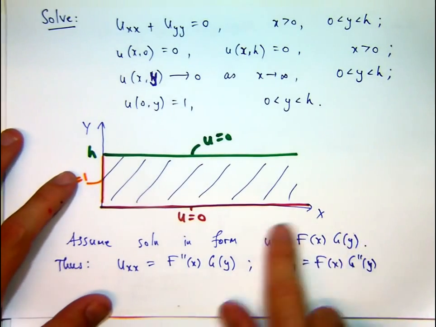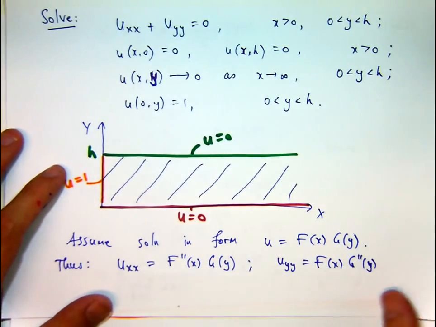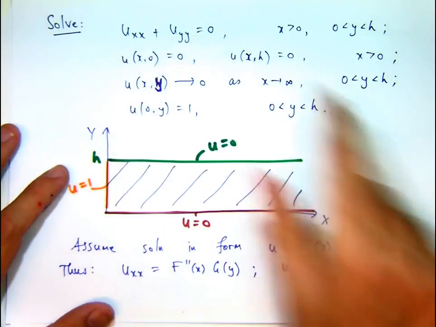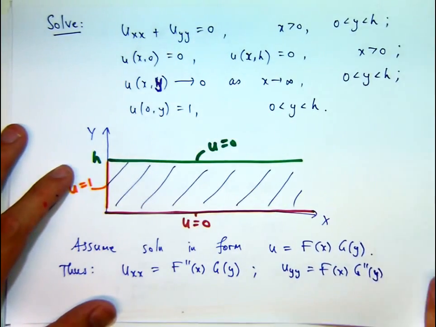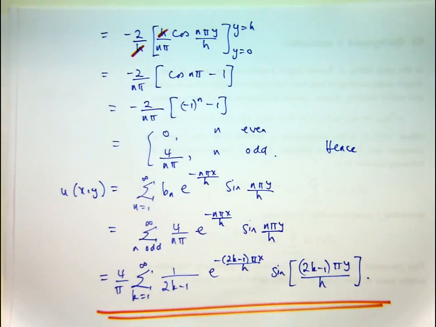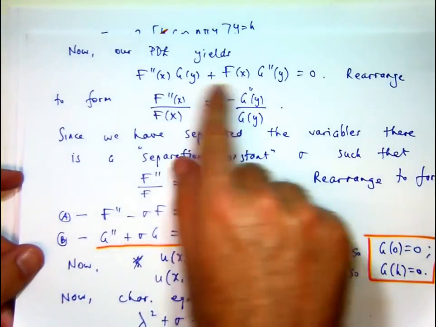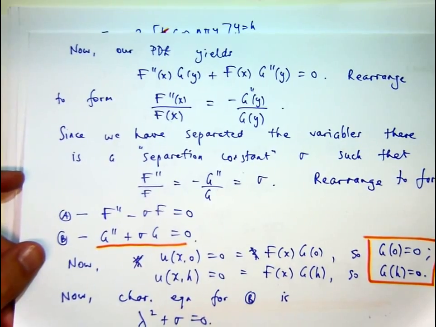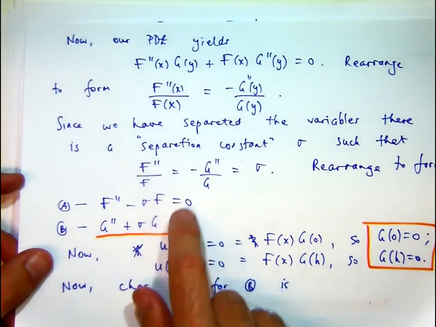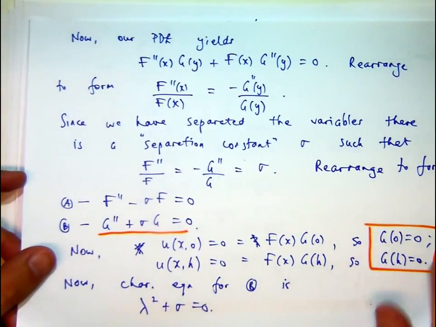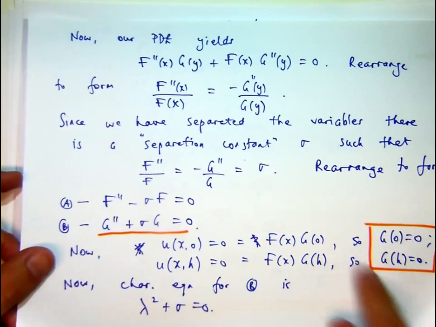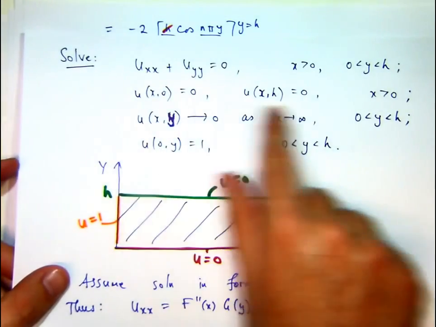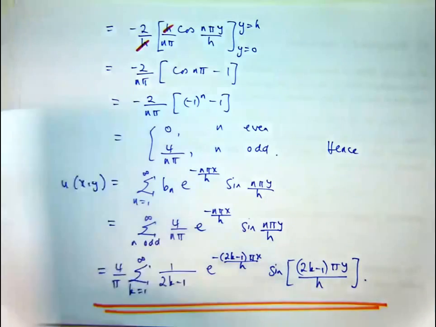We've assumed a solution's in this form. We calculated the derivatives that appear in the PDE. From that, we formed two ODEs via a separation constant. Then we discussed one of the two ODEs and introduced some boundary conditions that were derived from these side conditions here.